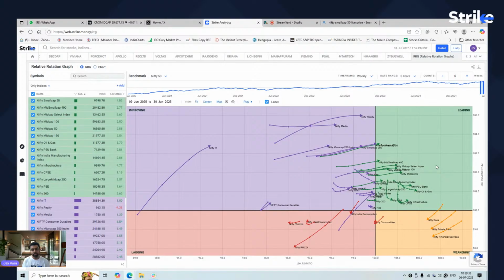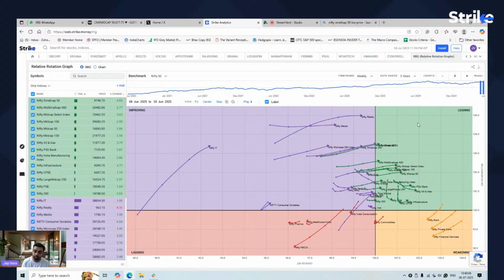Which means that over here I have taken the benchmark index, right? If the benchmark index is going down, say for example by 5%, and the stock has gone down by 1%, it basically means that the stock has outperformed.